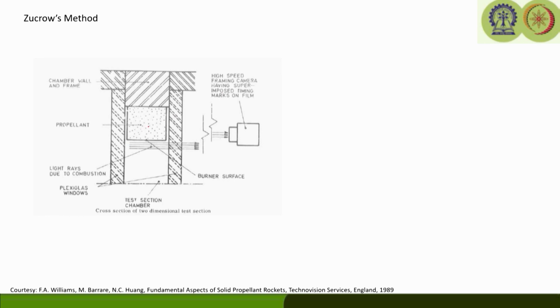So, if you look at this one, it is already mentioned here, you see these are plexiglass windows to give optical access. So, once the burning takes place, one can actually see the regression process by capturing the event using a high speed camera.